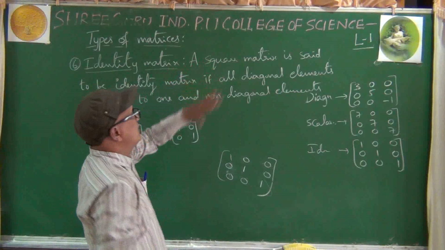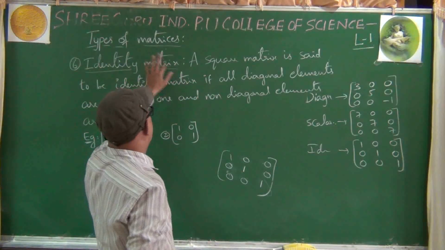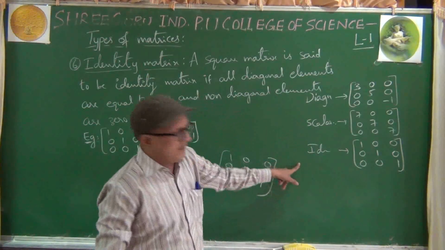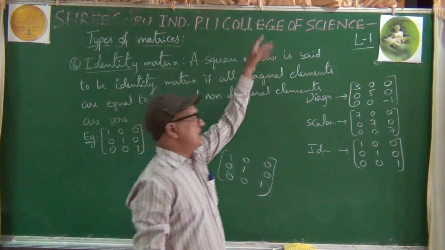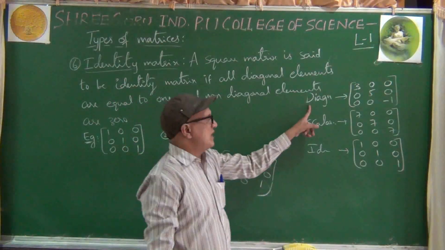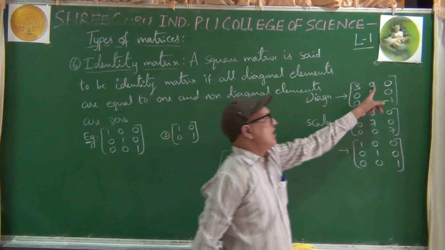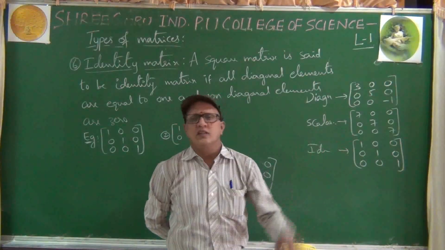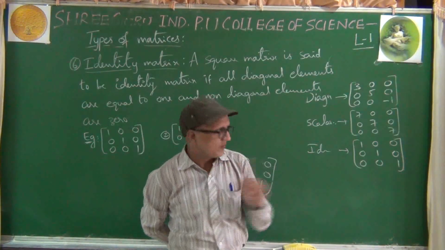So that's why, to make it easy for you to learn, I have written all these 3 definitions, and I started with the same words: a square matrix is said to be a diagonal matrix if non-diagonal elements are 0. What about diagonal elements? Maybe anything, zero or other than 0.